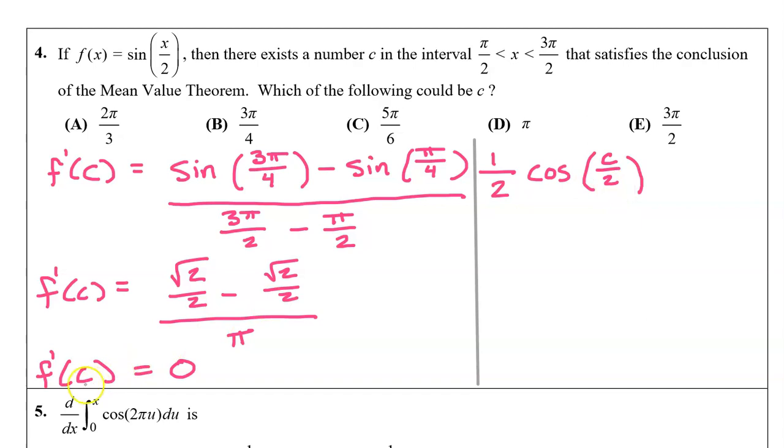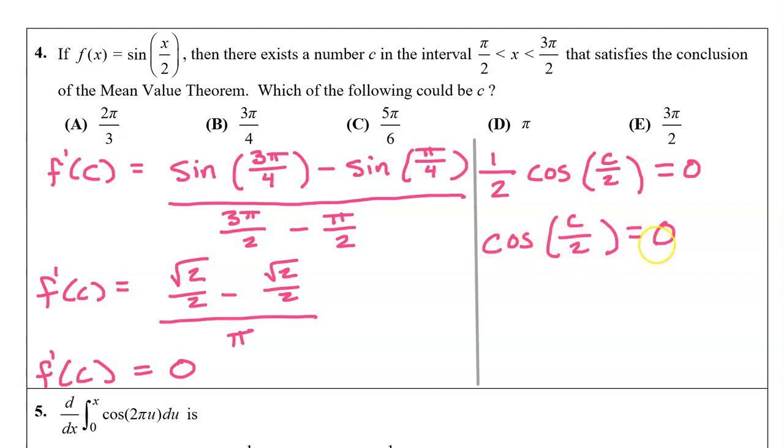And where we left off was f prime at c is equal to 0. So let's set this equal to 0 and solve. If we multiply both sides of the equation by 2, that gets rid of the 1/2. And now we have the cosine of c over 2 is equal to 0. Let's solve this equation for c over 2.